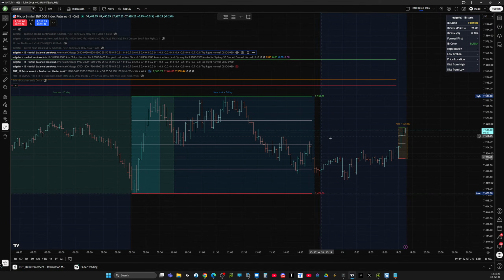So let's see what we've got going. Well, here's the IB from Friday. Here's our open, just the Globex open. Well, actually, here is the curb trade until 1600 or whenever it is, and until right there.